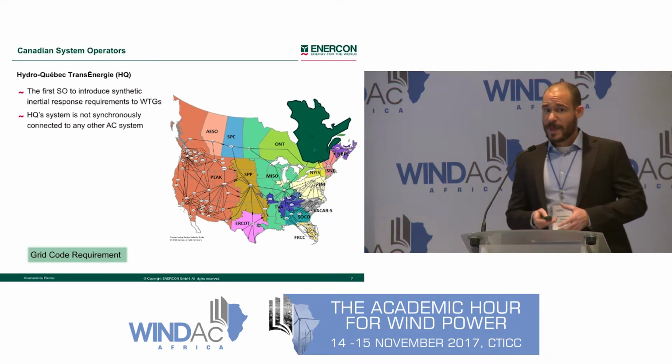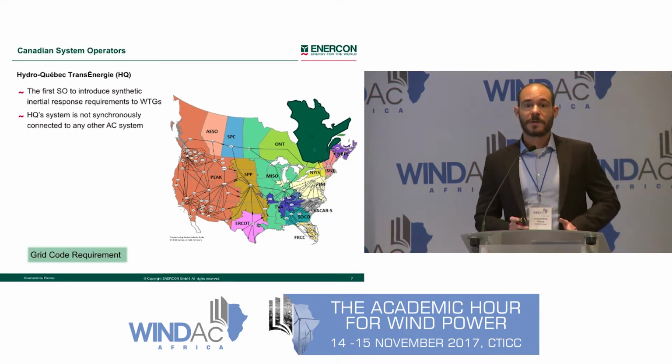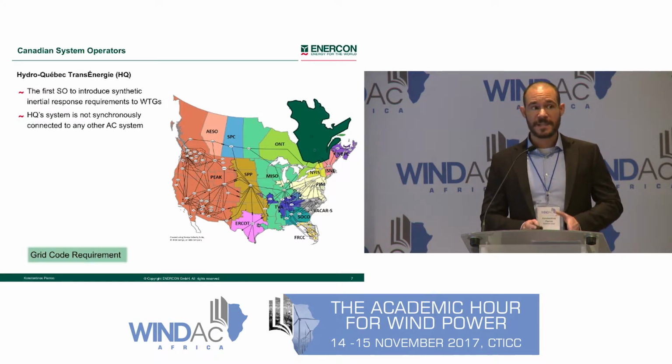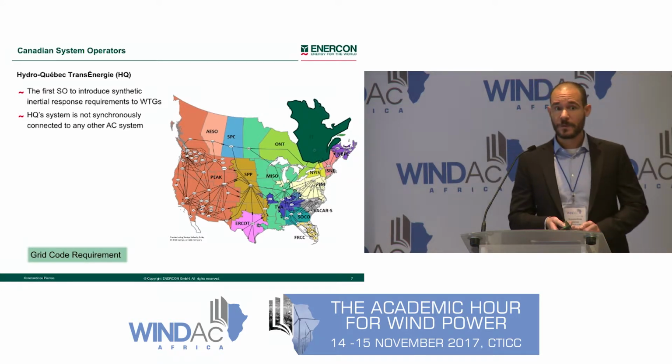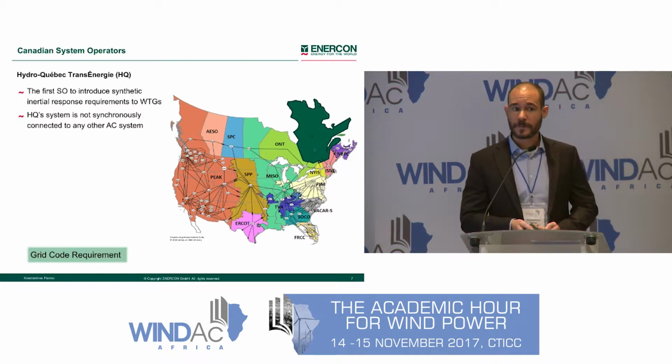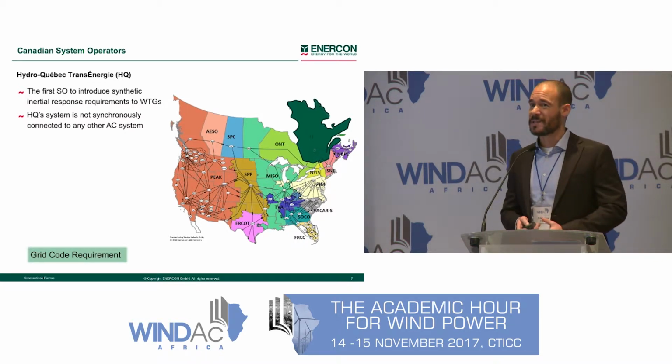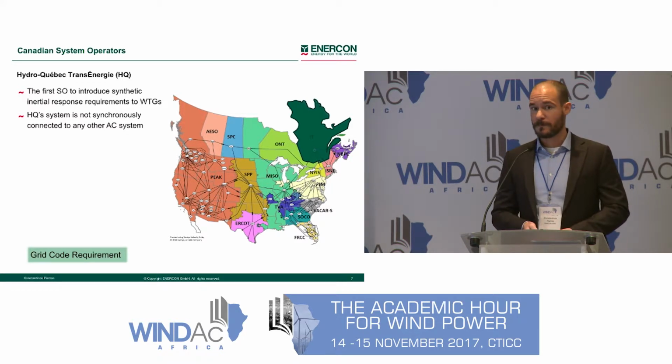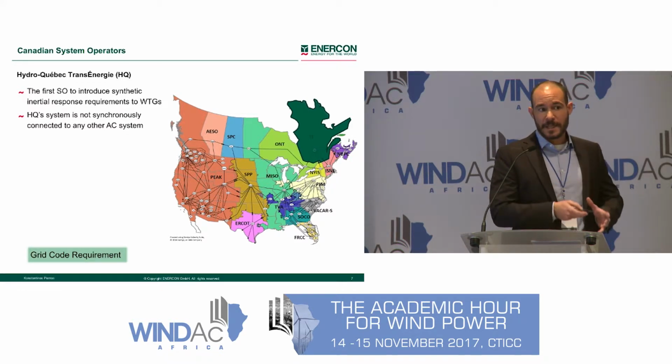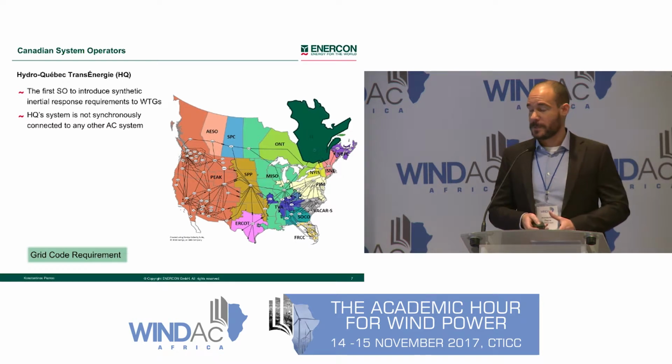Notably, Hydro-Québec's power system is not synchronously connected to any neighboring AC system. Therefore, the projected wind installations would have accounted for almost 25% of its summer minimum load, potentially leading to low system inertia.